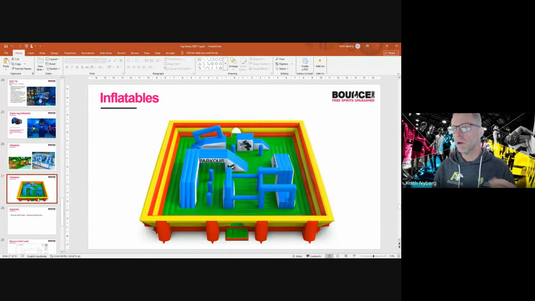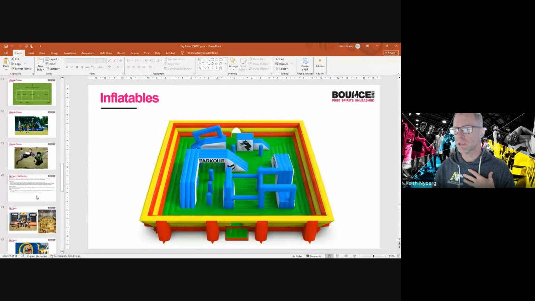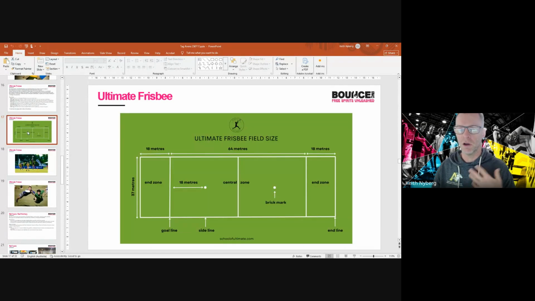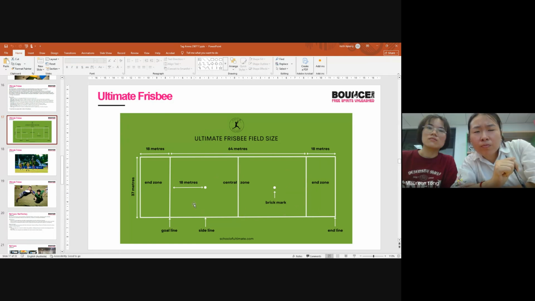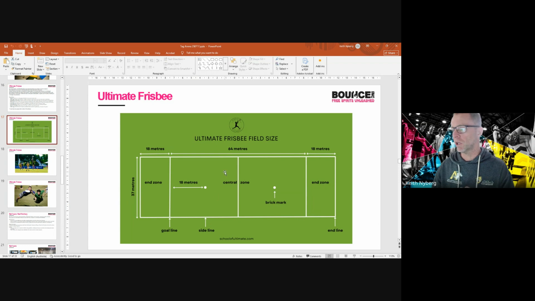One of the other games is a version of Ultimate Frisbee, if you've ever seen it. It's a bit like American football in that there's an end zone for each team, and they've got to try and pass the Frisbee or the ball down the field without dropping it. If they drop it, the other team gets it and tries to get down to their end zone.